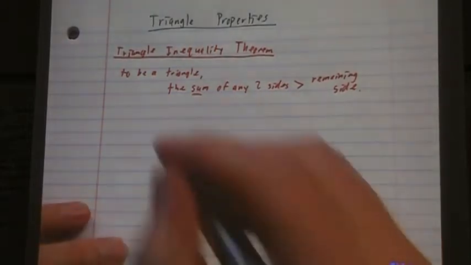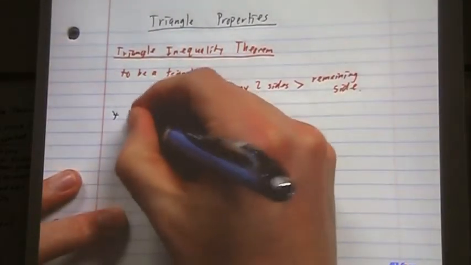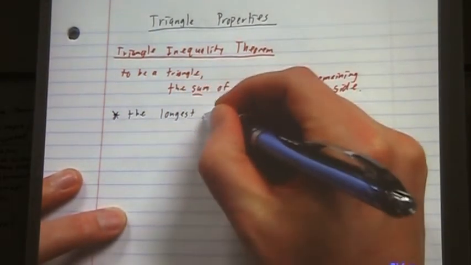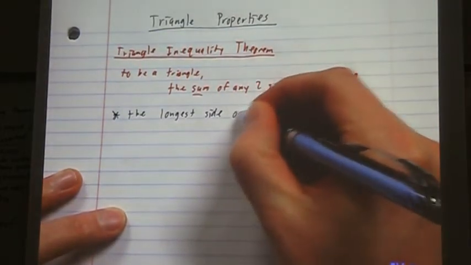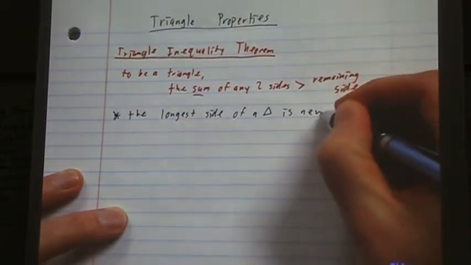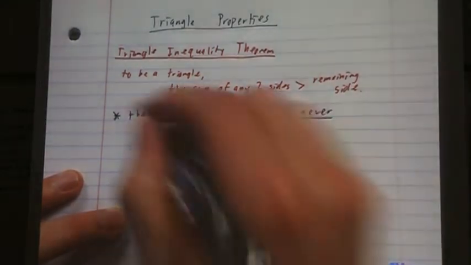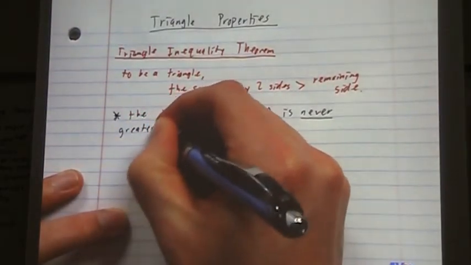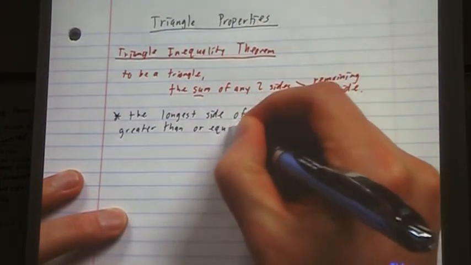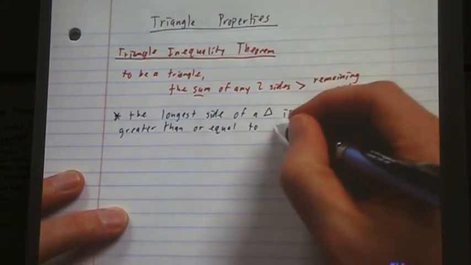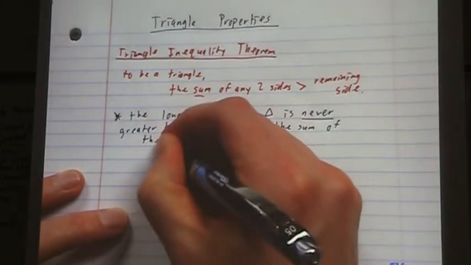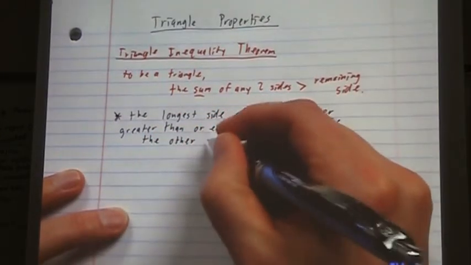So to say it differently, the longest side, that little star, the longest side of a triangle is never greater than or equal to the sum of the other two sides.